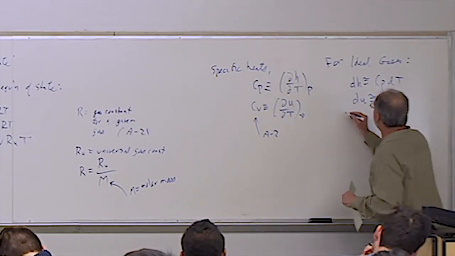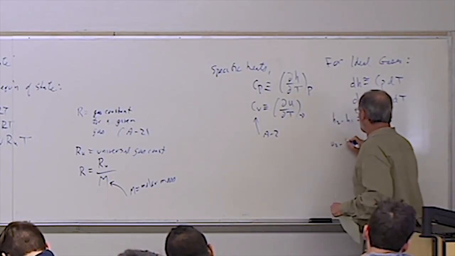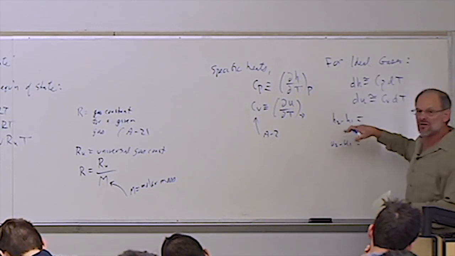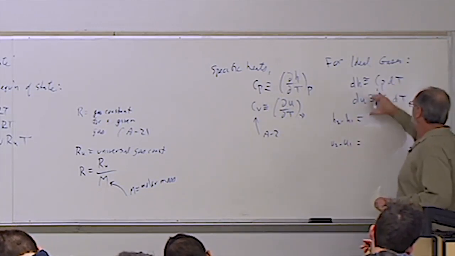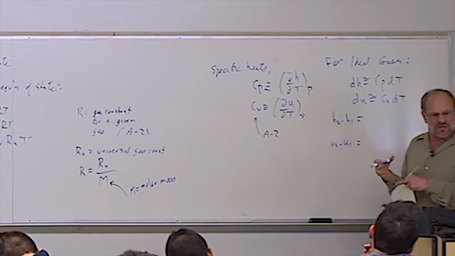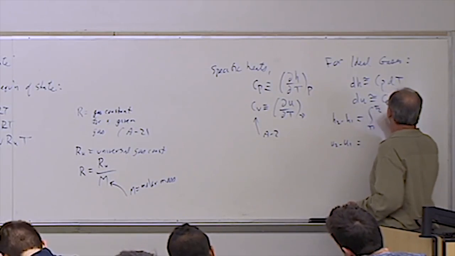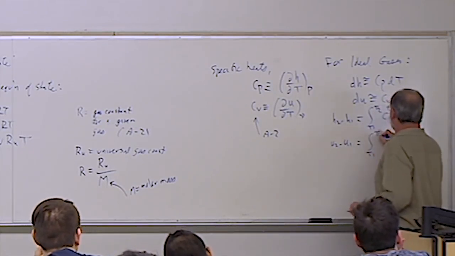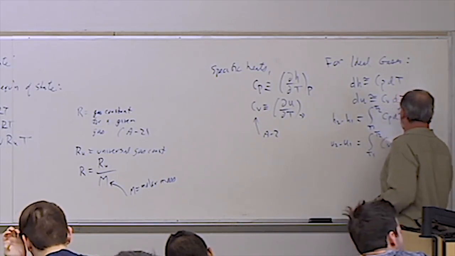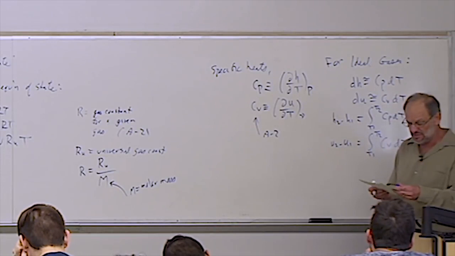But we can find an enthalpy change or an internal energy change simply by integrating over temperature, right? Again, Cp and Cv are really only strong functions of temperature and nothing else. So the integral from T1 to T2 of Cp dT is how we find our enthalpy change, and the integral from T1 to T2 of Cv dT is how we find our internal energy change.